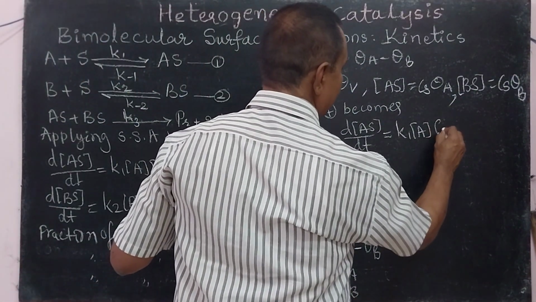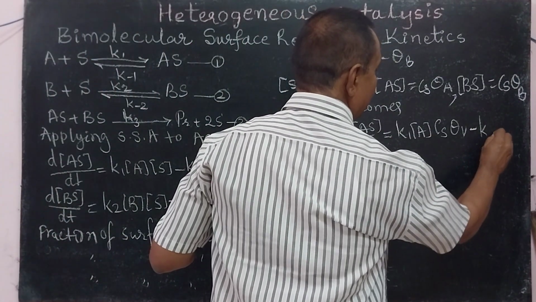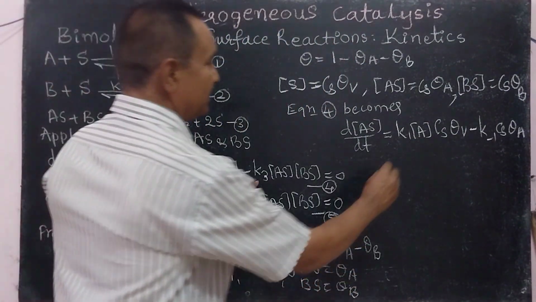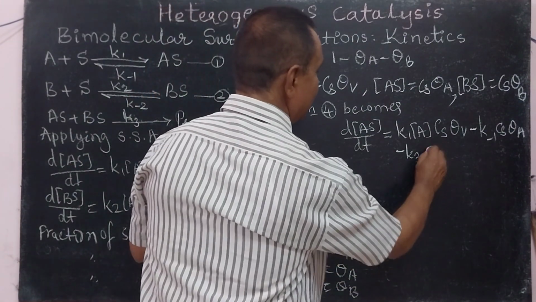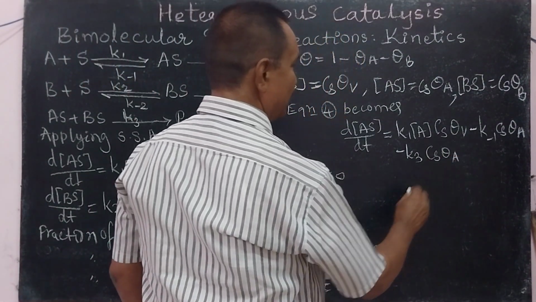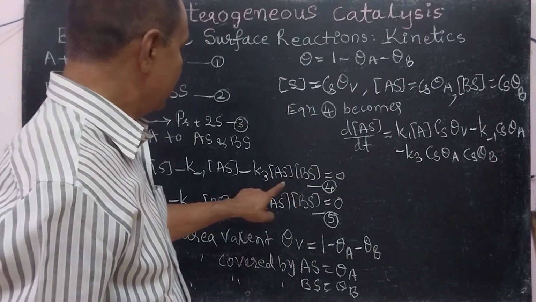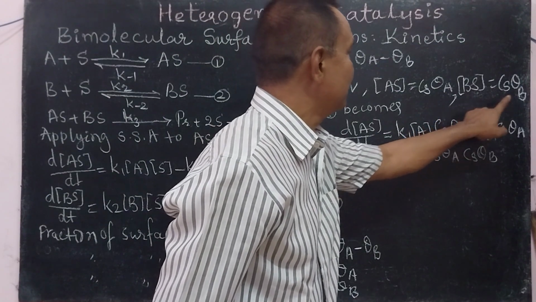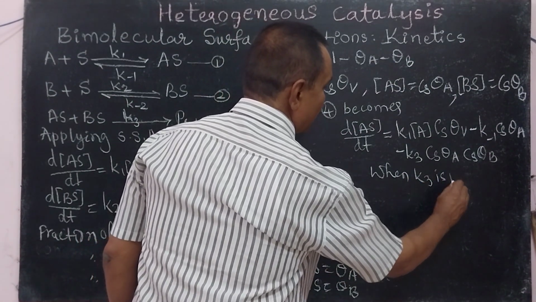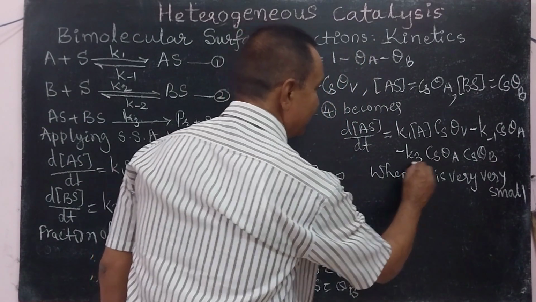CS theta V, minus K minus 1 AS, that is minus K minus 1 CS theta A, minus K3 into AS into BS, where the concentration of S is CS theta V, the concentration of AS equals CS theta A, and the concentration of BS equals CS theta B. Now when K3 is very small, then we can neglect this.